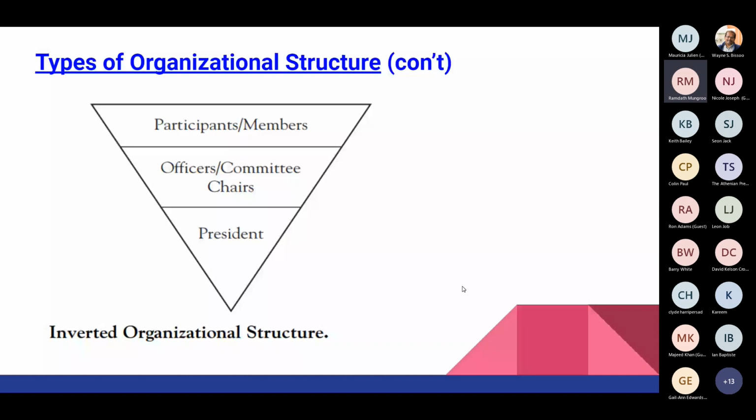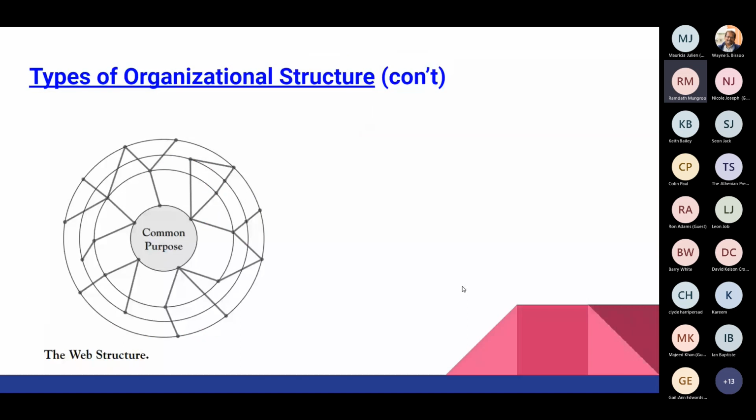There's another type of organizational structure which is known as the web structure. It is called the web structure, reason being that the common purpose is in the middle of the web, and there is where basically a leader is.